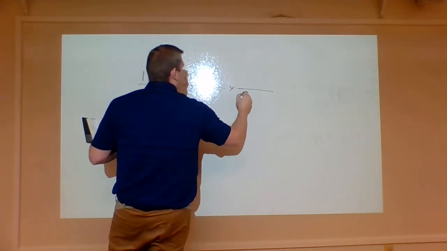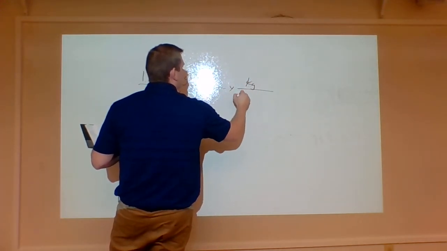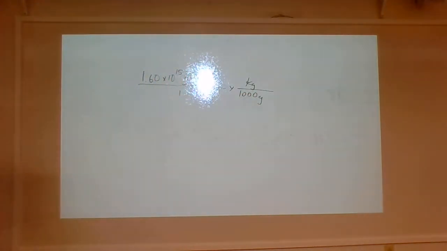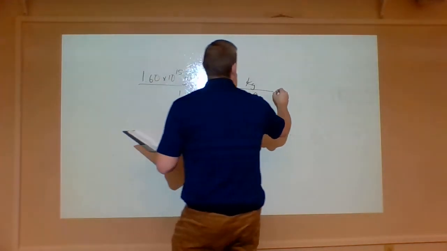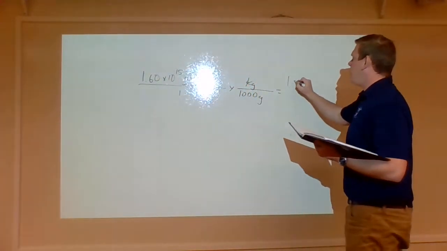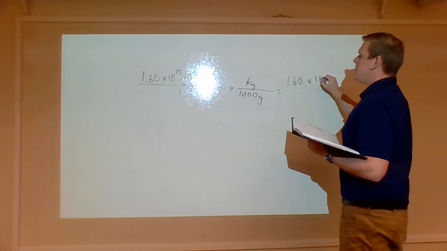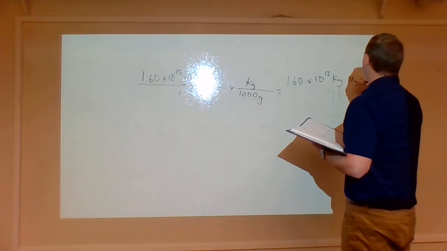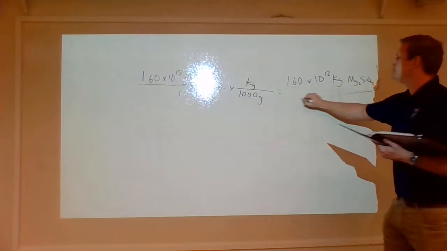So for every kilogram, there is 1,000 grams. Okay? So that will give us our final answer now of 1.60 times 10 to the 12 kilograms of Mg2SiO4.